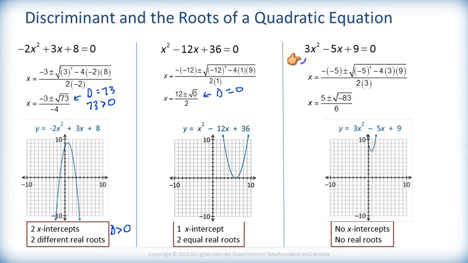Meanwhile, over to this one, 3x squared minus 5x plus 9. I've already solved it by using the quadratic formula. But here, I've got the square root of negative 83. Now, the square root of negative 83 is not possible to do using the real numbers.